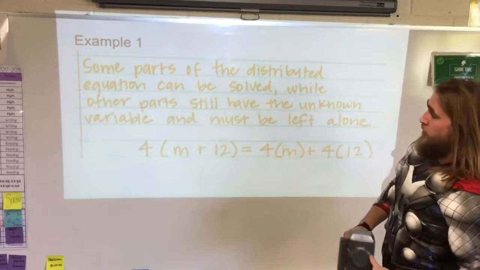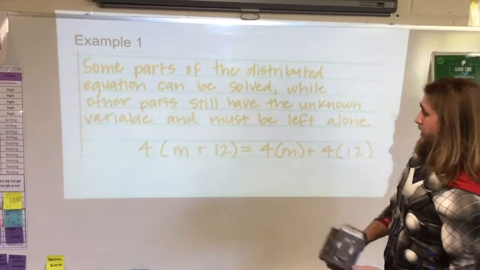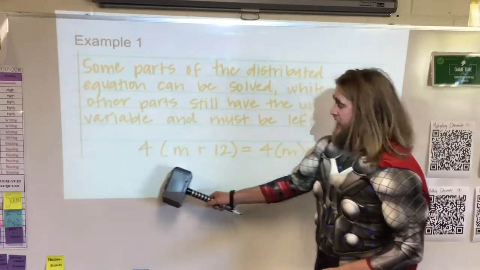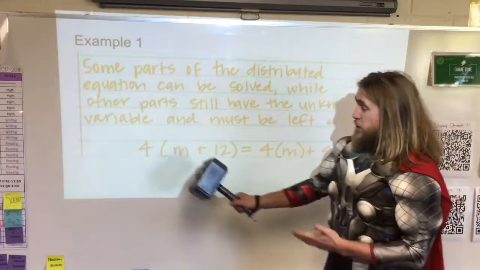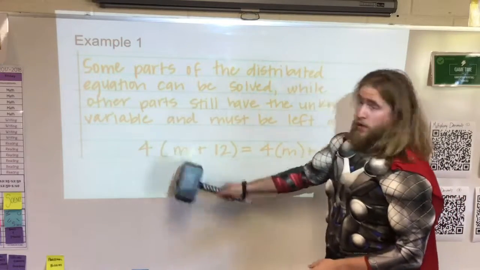I didn't think so. So, some parts of the distributed equation can be solved, while other parts still have the unknown variable and must be left alone. So if you look at this example, 4 times m plus 12, we could leave it like this, but then we wouldn't be able to break it down any further since we don't know what m is.